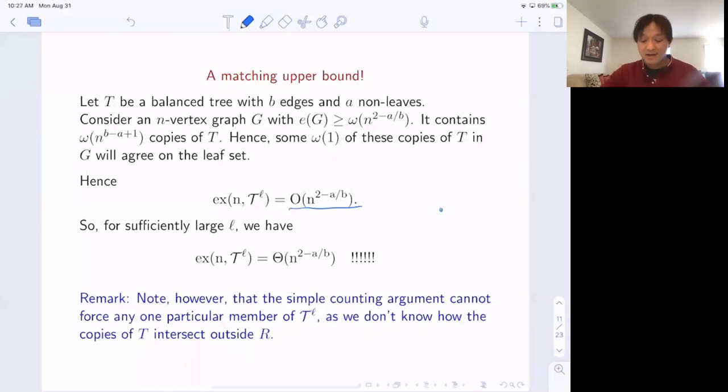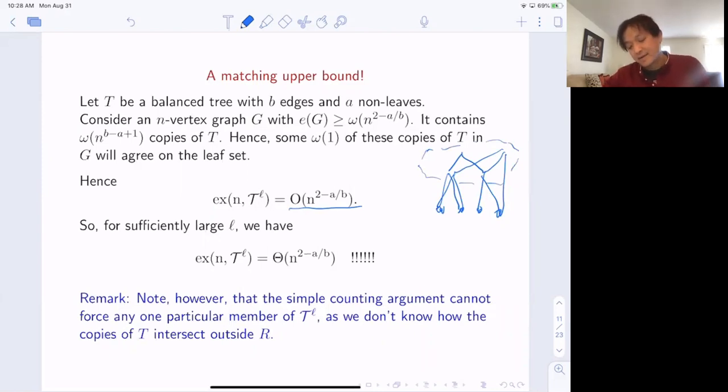So this is your T, and you get many copies of this T. But when you say you have many copies of T agreeing on the leaves, you actually have no control on how they overlap outside. They may overlap, creating some degenerate copies. So this argument is only good for forcing some member of the family.